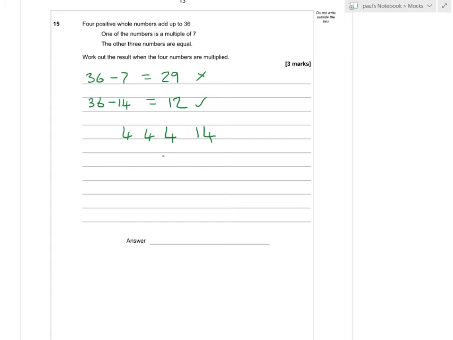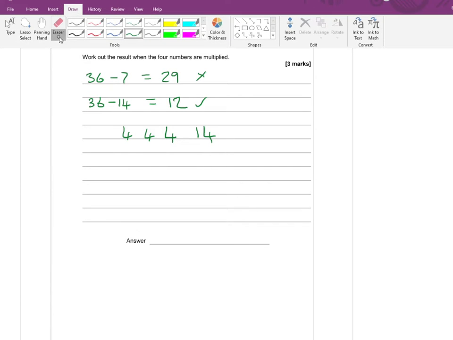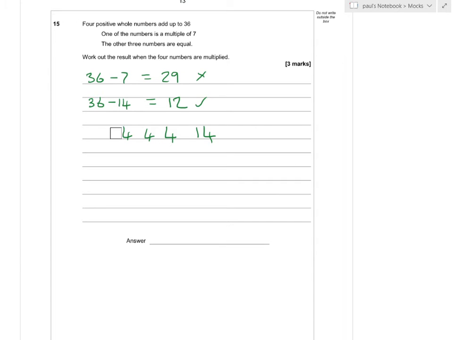So 3 4s are 12. Oh, no. Oh, I've done something fundamentally wrong. 3 4s are 12. I can't divide by 3.